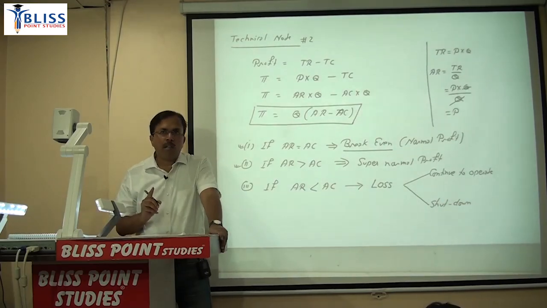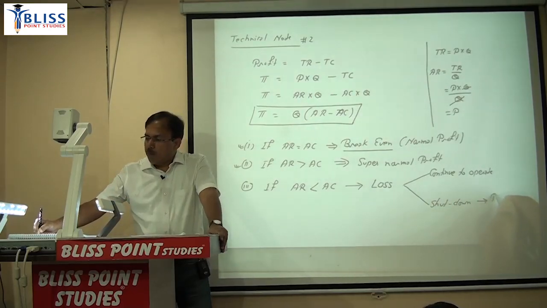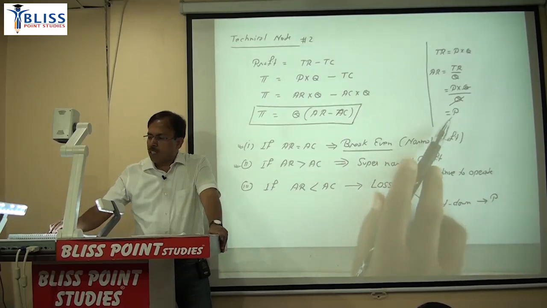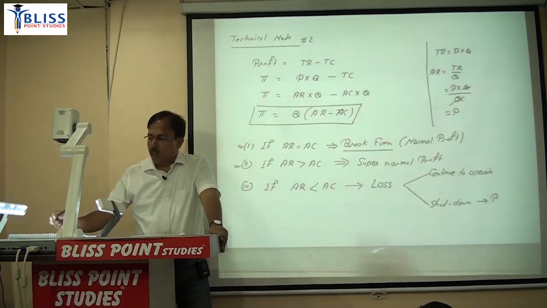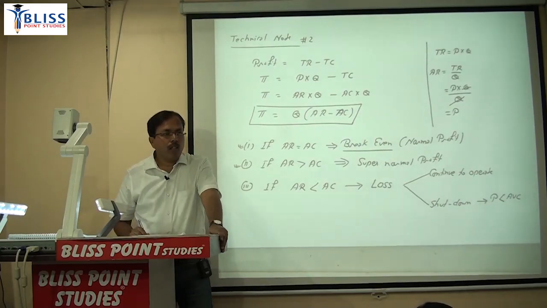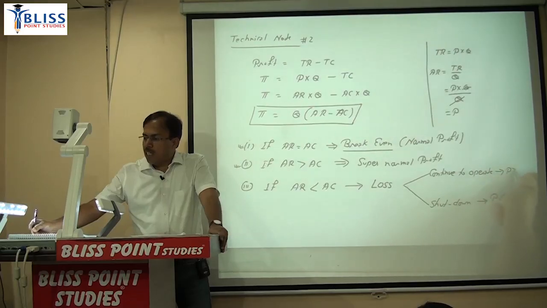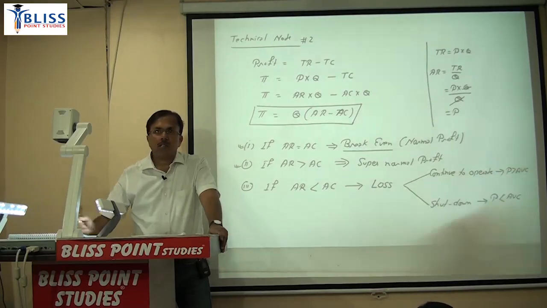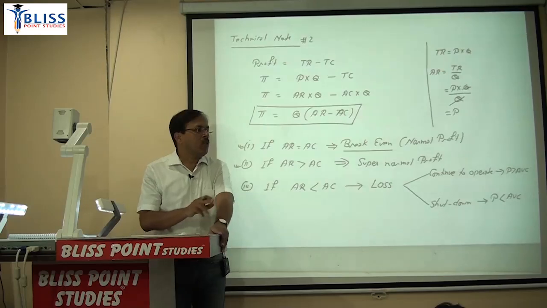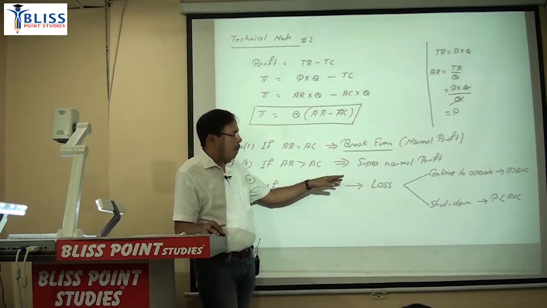That decision depends upon variable cost, and the condition is this: if price, but when I say price it means AR, so if price is less than average variable cost, then firm will shut down, and if price is greater than average variable cost, then despite loss firm will continue to operate. ठीक है, इस point को पहले समझेंगे.